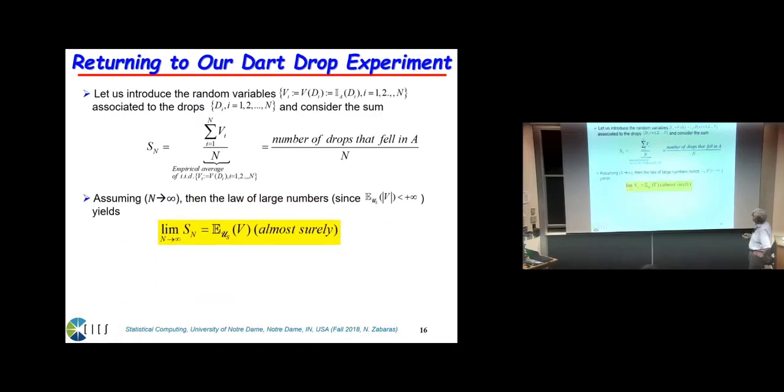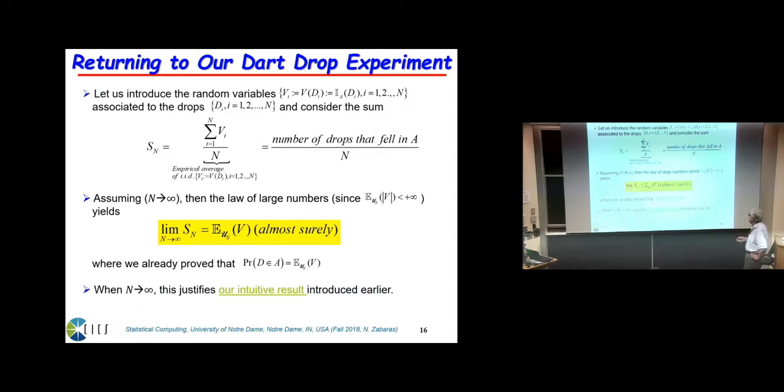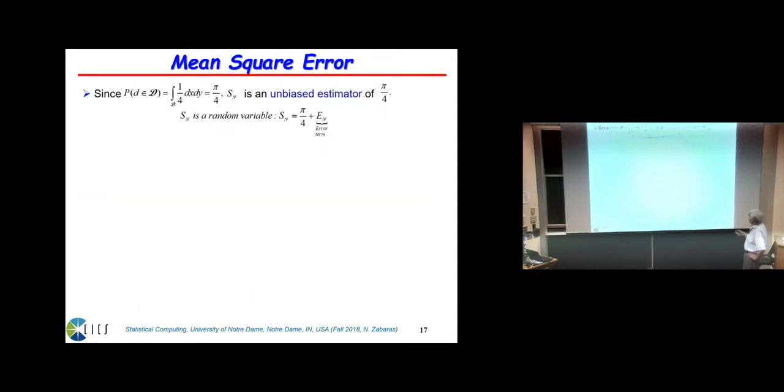So we gave a statistical interpretation of this. This is the sample mean of the indicator function. As n goes to infinity, this converges to the expectation of the indicator functions under the uniform distribution on the square. Remember the formula we had for the probability of hitting the circle: the area of the circle divided by the area of the square.